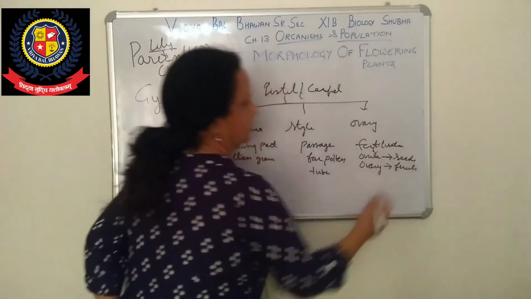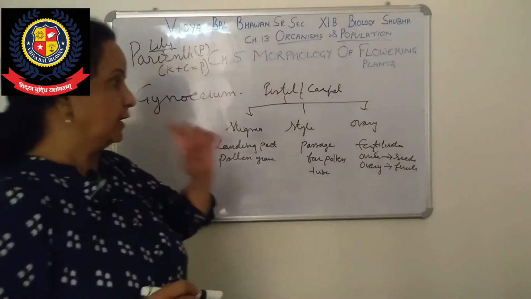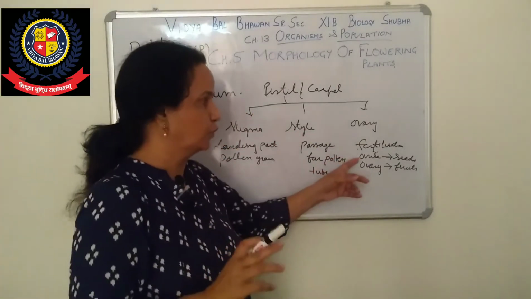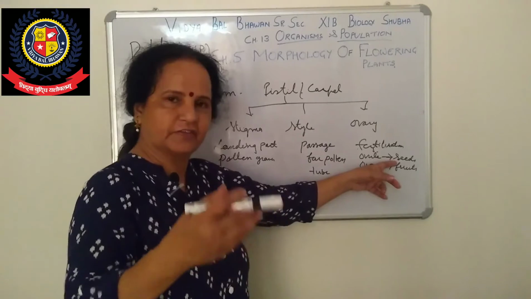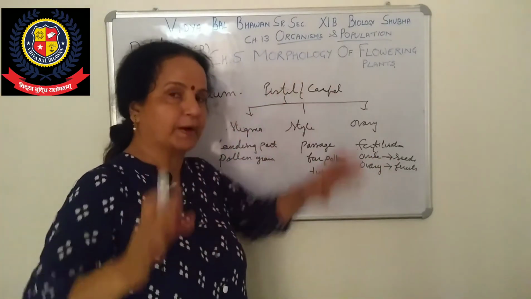So ovules are inside the ovary, the ovules change into seeds, and the ovary changes into fruits, the outer part.